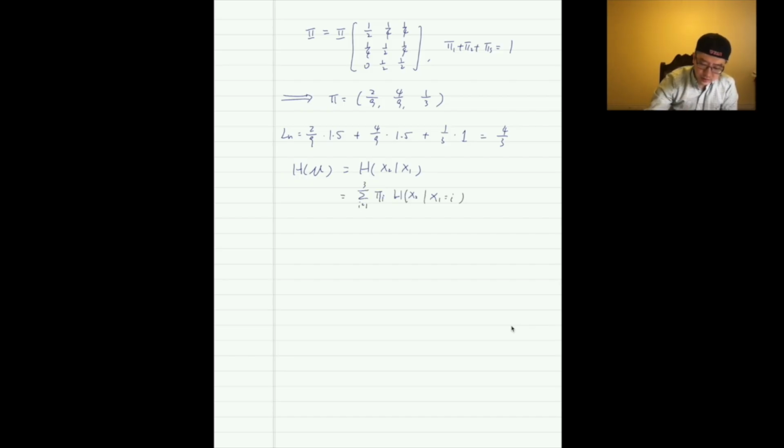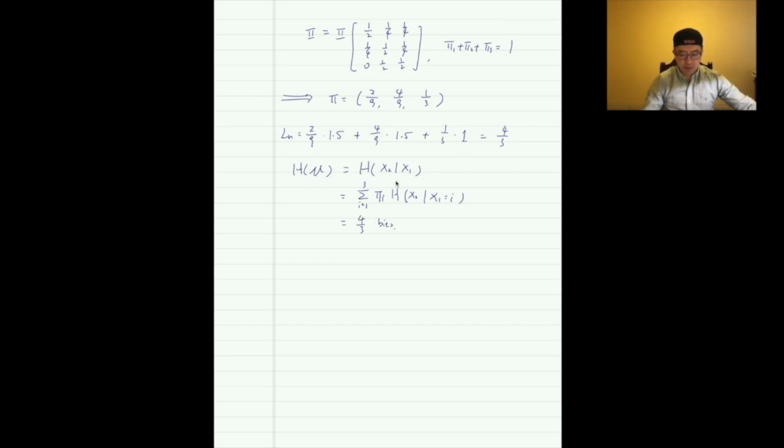This is the definition, and now we know everything. We know all the pi's, and we know this conditional entropy because we know the conditional probability distribution. Therefore, we can compute this also as 4/3 bits. So we solved the problem.